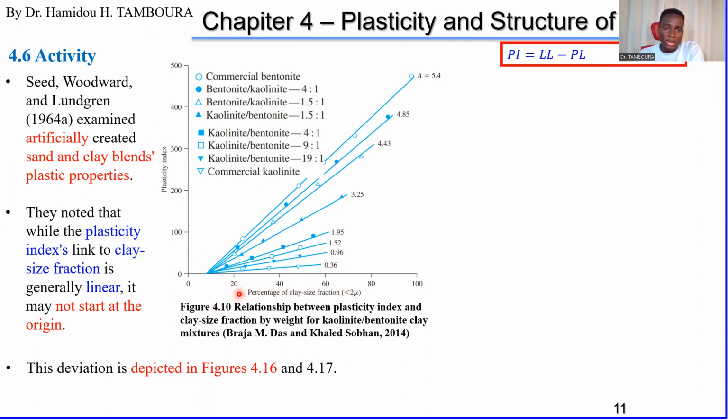And as you can see, it's almost linear. It's linear because it is the slope of this line that will give us the activity of the soil. So it's linear, but the relationship is not always starting from the origin. This is one example.